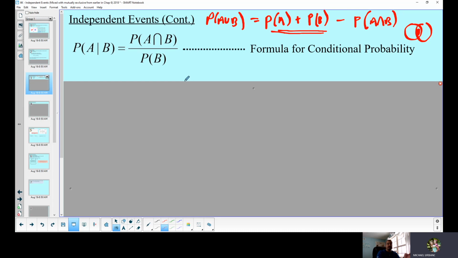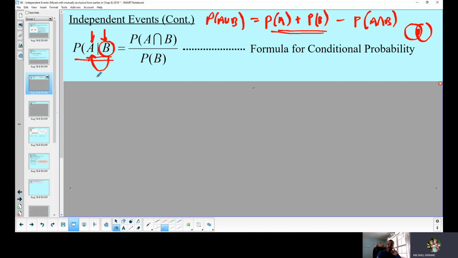So if you just do A plus B, you're counting that middle part twice. Okay. The second formula, and these are the two big ones you have to have memorized, is the formula you did from 6J. Again, this is 6K, so I'm assuming you have already worked through 6J, and I didn't have a lot of people asking questions, so hopefully we're okay with that one. This is conditional probability. So this says the probability of A given B. So we're saying that event B has already occurred.